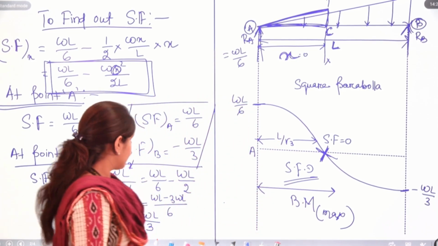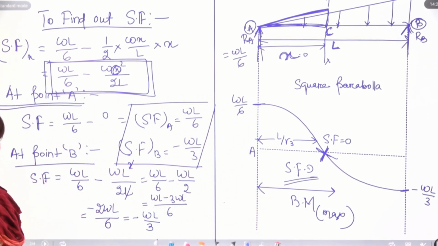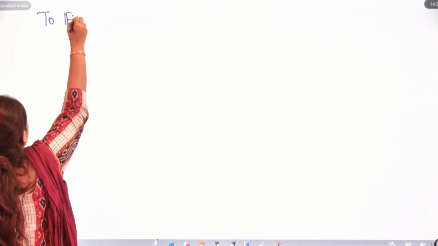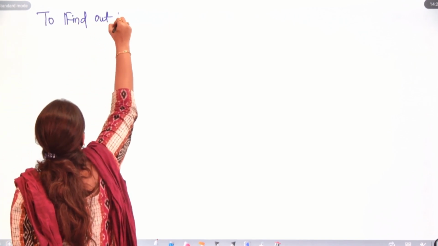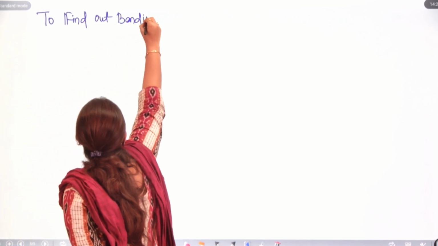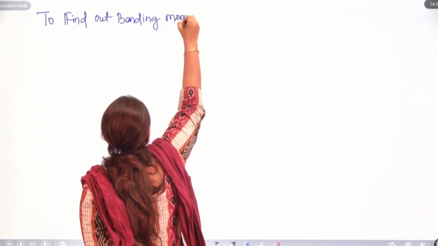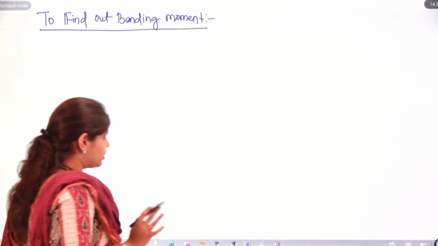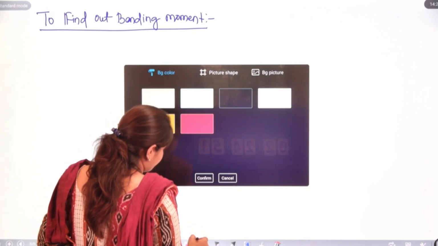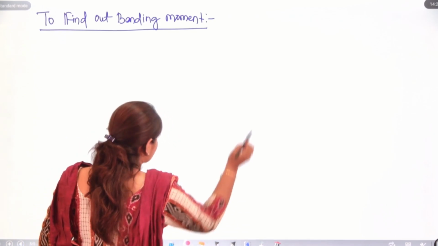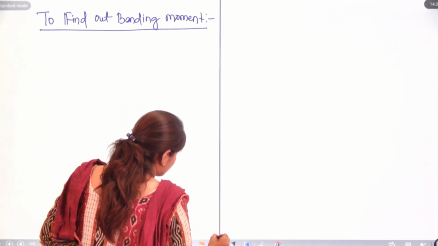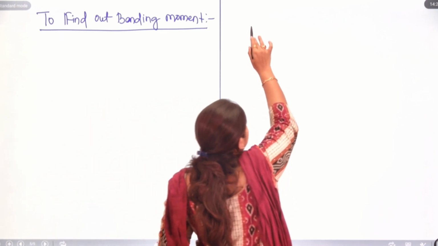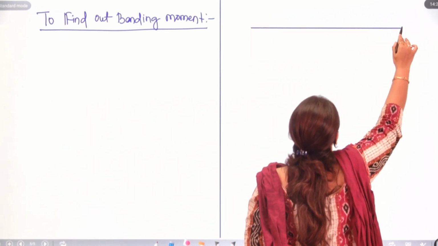Let's go for bending moment. To find out bending moment, what do we need? We have already known that bending moment is nothing but your force into perpendicular distance. Here let's take the beam.